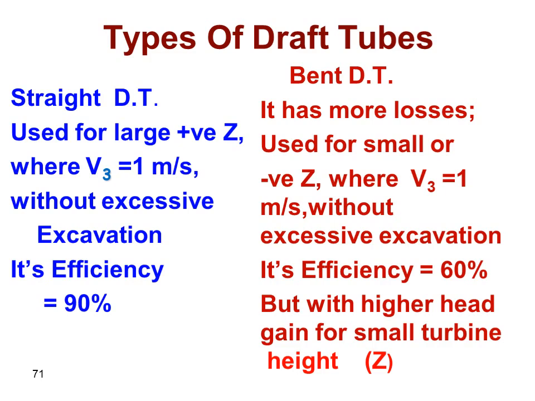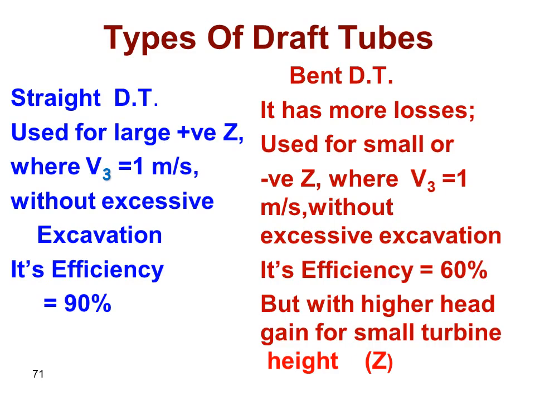If Z is small or negative, this is due to cavitation. The permissible value of Z could be a negative value or small value, with the permissible angle of divergence, 8 or 9 degrees, which cannot give a velocity at exit of 1 meter per second. We can only use the bent draft tube.